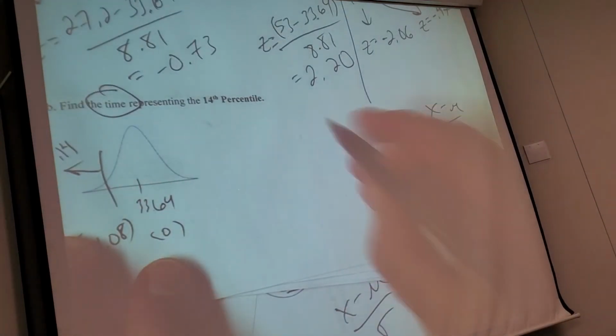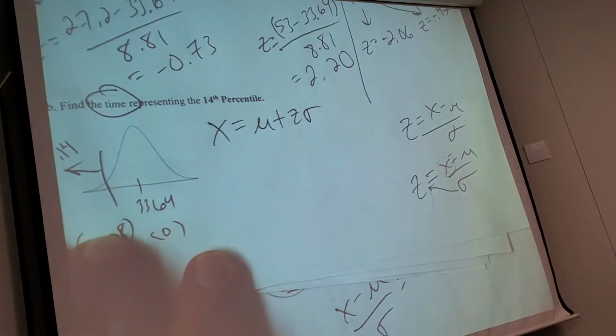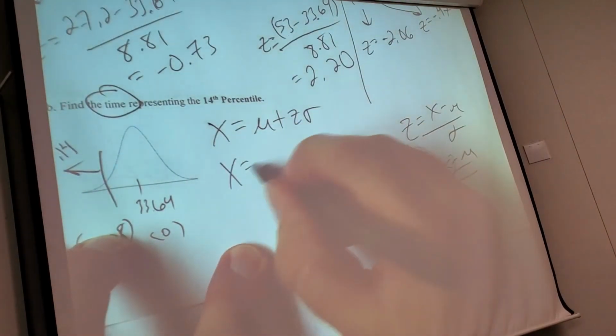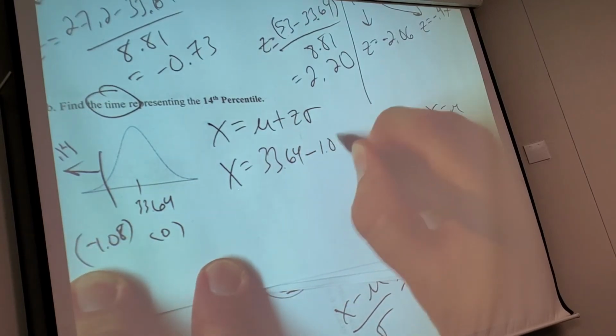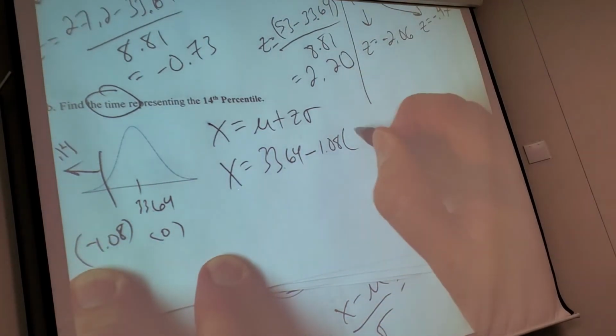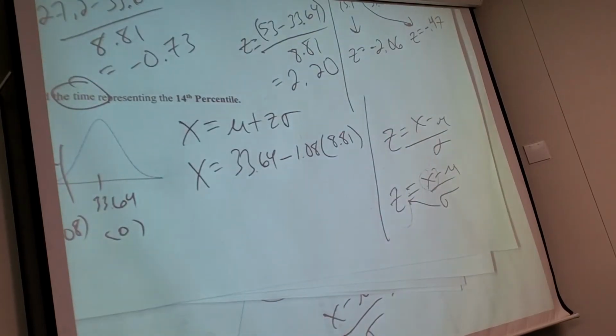Well, now I have a formula that is built to do that. The x is the mean, and I want to go down 1.08 of these standard deviations. That should look very familiar. We had to do that in the first test.